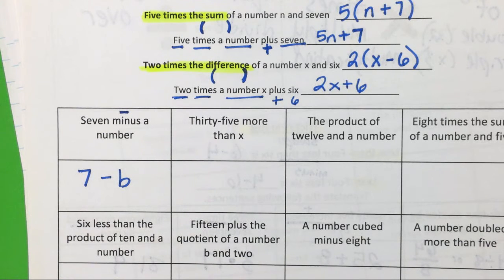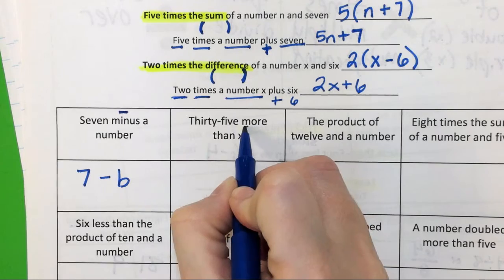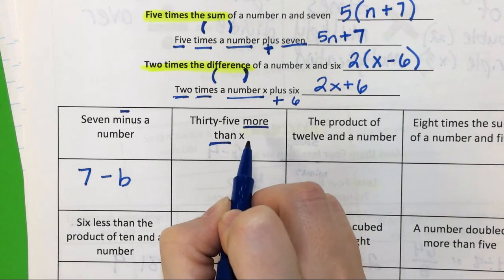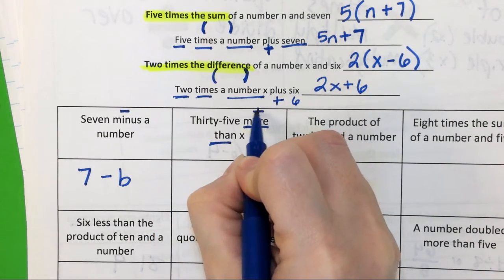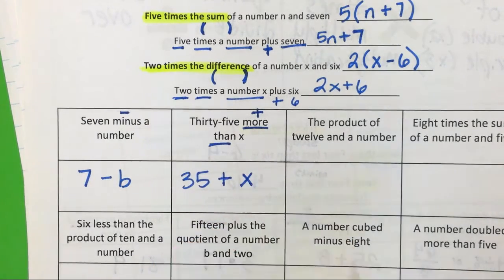You can choose x, n, anything. But the next one right here says 35 more than x. This one tells me what variable to use, so I have to use the variable they tell me. 35 more than means plus x.